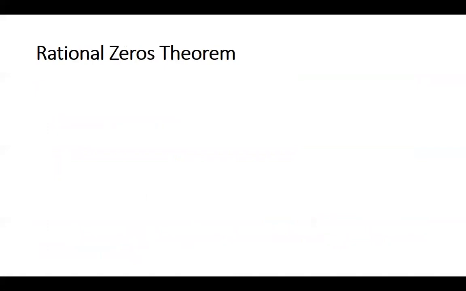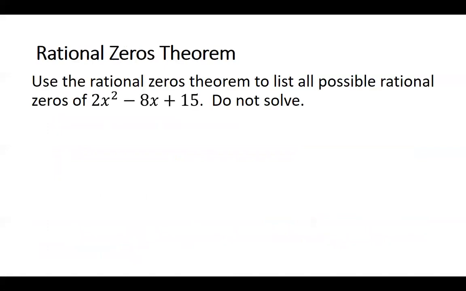So the rational zeros theorem, let's put it to use. Use the rational zeros theorem to list all possible rational zeros of 2x squared minus 8x plus 15. Do not solve. All we're doing right here is we're just seeing what are the possible zeros. So first thing I'm going to do is factor the constant term 15, and take all of its factors and make them possible values for p.